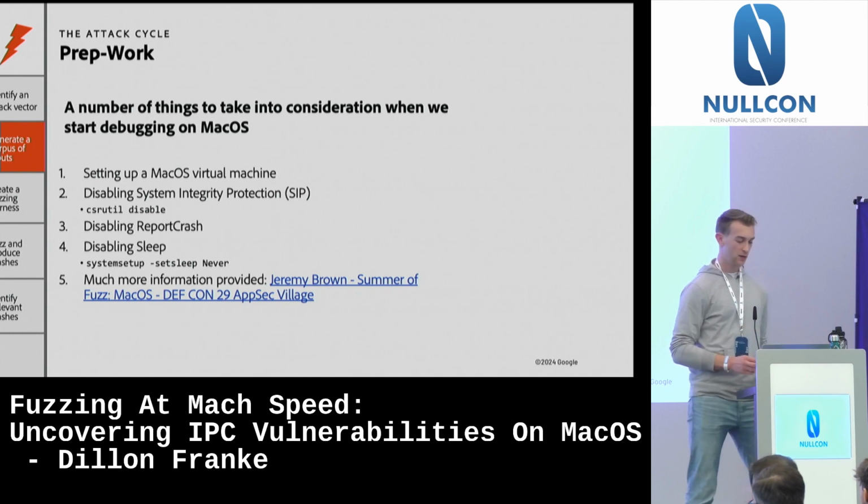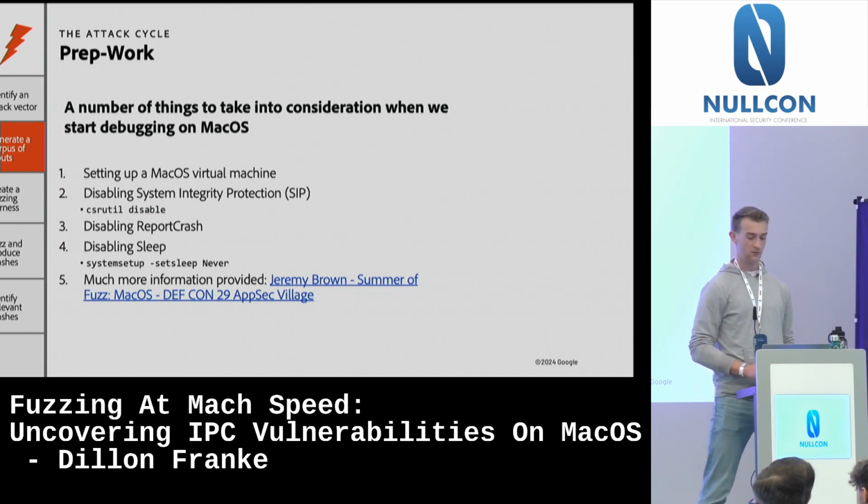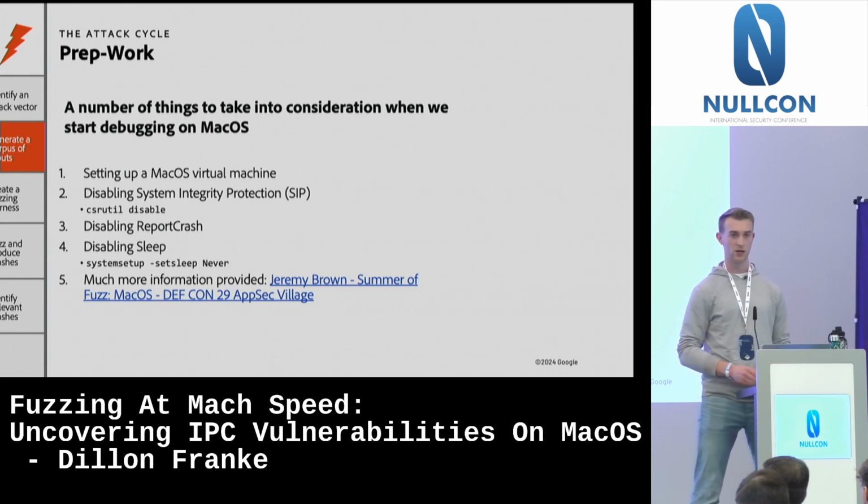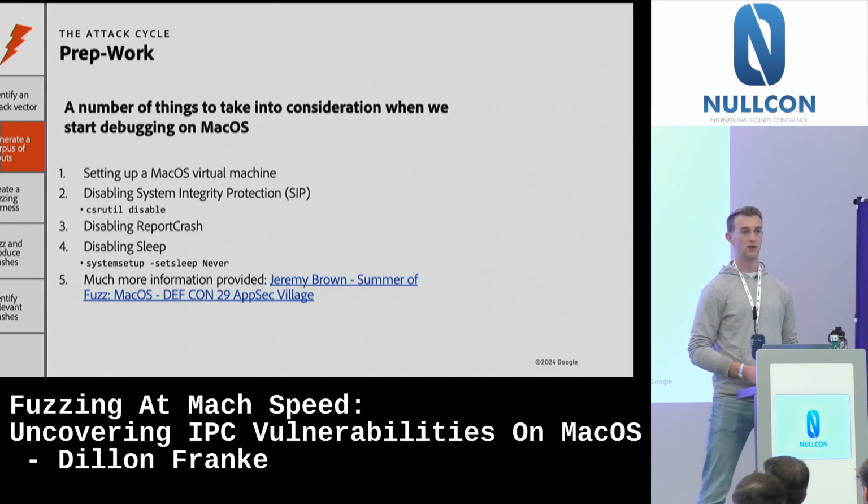Just real quickly, I do want to give a little bit of insight into things to take into consideration if you are debugging and doing low-level system research on macOS. Most of this I performed on a macOS virtual machine. This is critical because you can disable system integrity protection, which is going to allow you to hook on to processes much more easily.